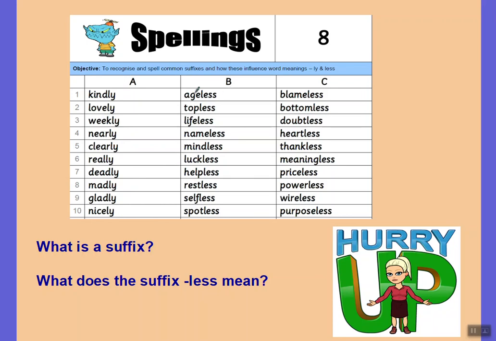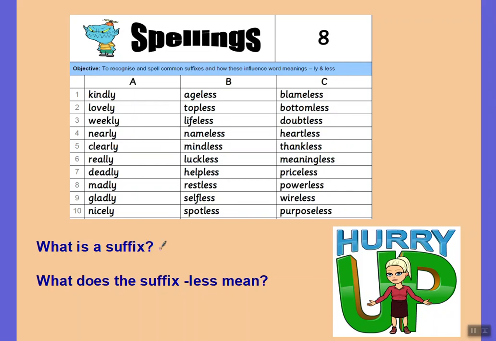Okay, group B, yours are ageless, topless, lifeless, nameless, mindless, luckless, helpless, restless, selfless, and spotless. Okay, group C, blameless, bottomless, doubtless, heartless. Look how doubtless is spelt there, it's got a silent B. Heartless, thankless, meaningless, priceless, powerless, wireless, and purposeless. Okay, so now I've read those words for you, might give you a better idea.